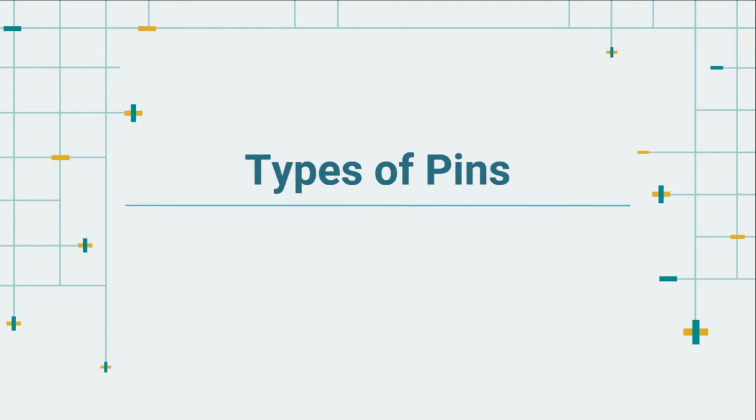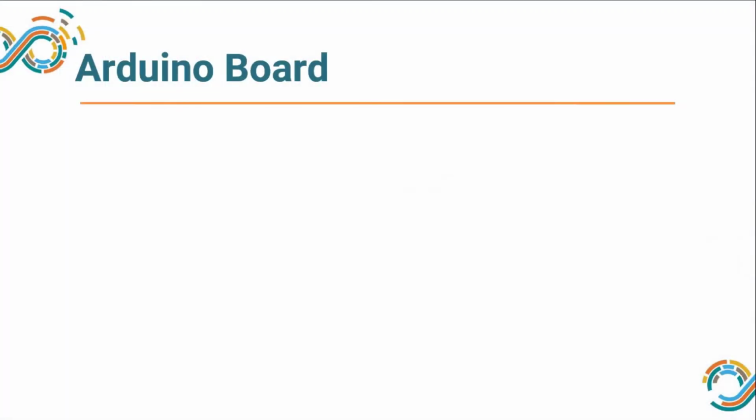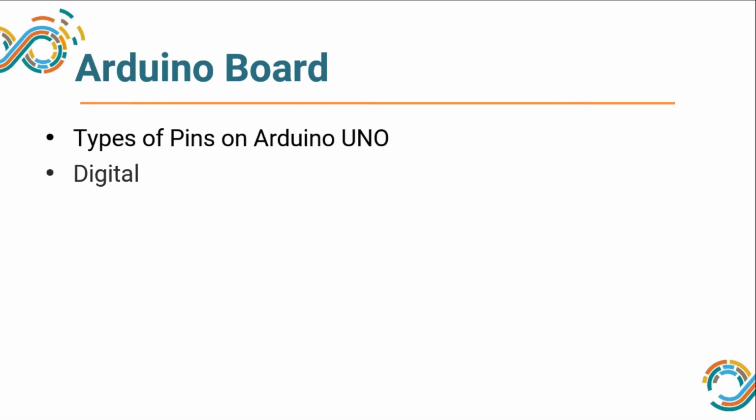Hello friends, welcome back. So now we are going to talk about different pins that are available on Arduino Uno. On the board we have different types of pins. These are digital pins, analog pins. Then we have PWM pins. PWM stands for pulse width modulation.